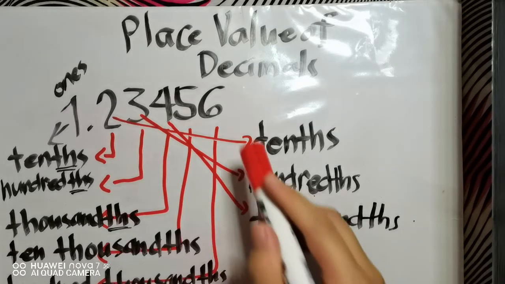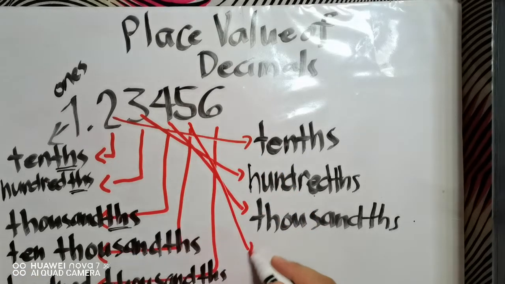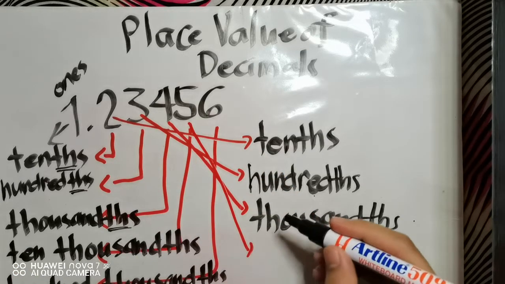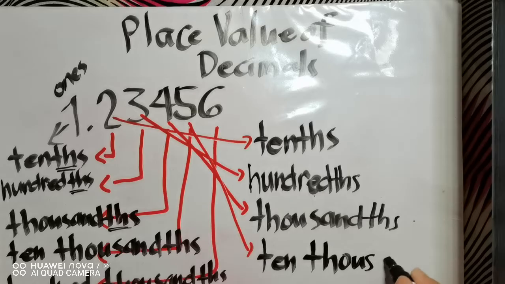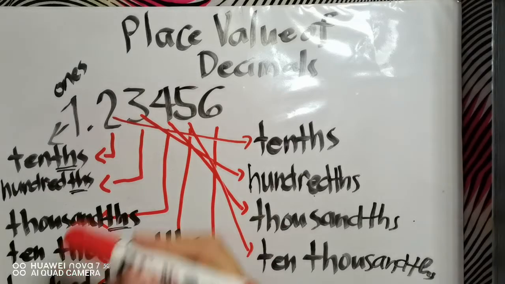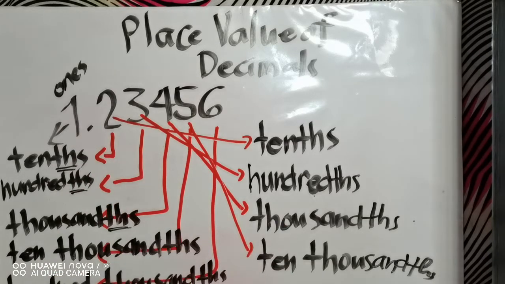And yung 5, yan ay 10 thousandths. Hanggang dyan lang tayo sa 10 thousandths. Okay? So, yung 6, disregard na muna natin. Pero, kasama pa din siya sa place value of decimals. Nagkataon nga lang na we will be focusing on the place value of these numbers. Don't forget, ito ay whole number, which is in the ones place.